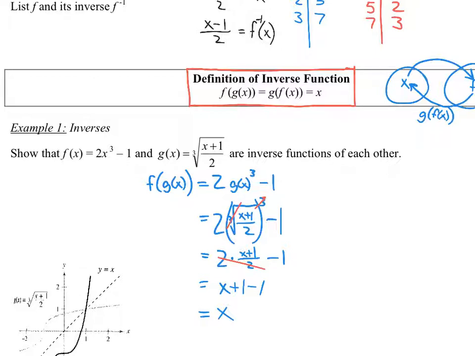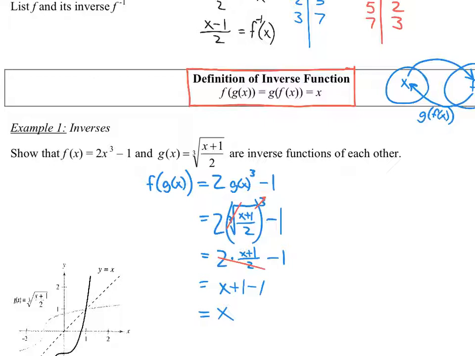That's not good enough, though. Because it's possible for one function to give you x when you plug it into the other, but when you reverse them, it's possible not to get back to x. Alright, it's kind of the same idea with derivatives and integrals. You take the derivative and you'll get to the integral.